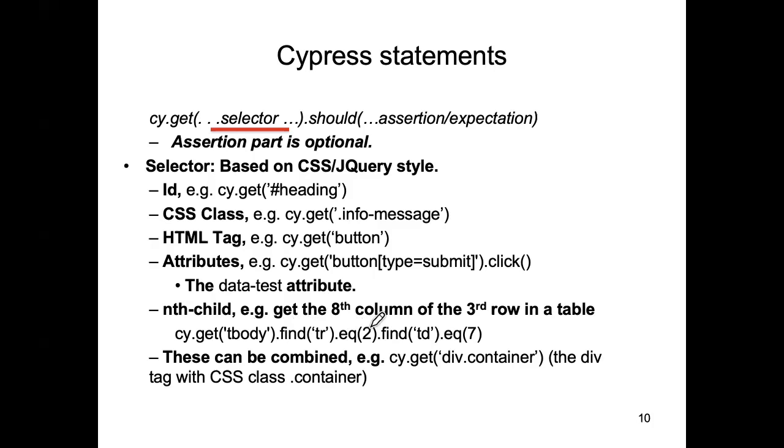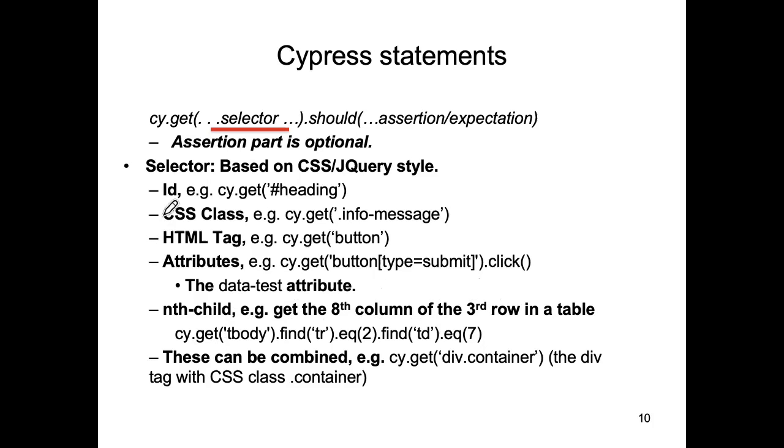And within that 3rd row, I'm asking it to pick out the 8th column in the row. So that entire expression will pick out the particular cell that I want to get here. And this is a very good example again of method chaining, that kind of programming style. Hopefully that doesn't throw you.